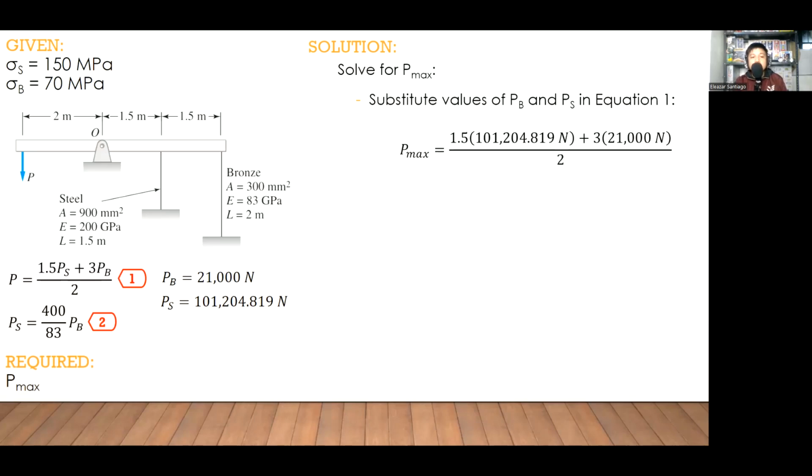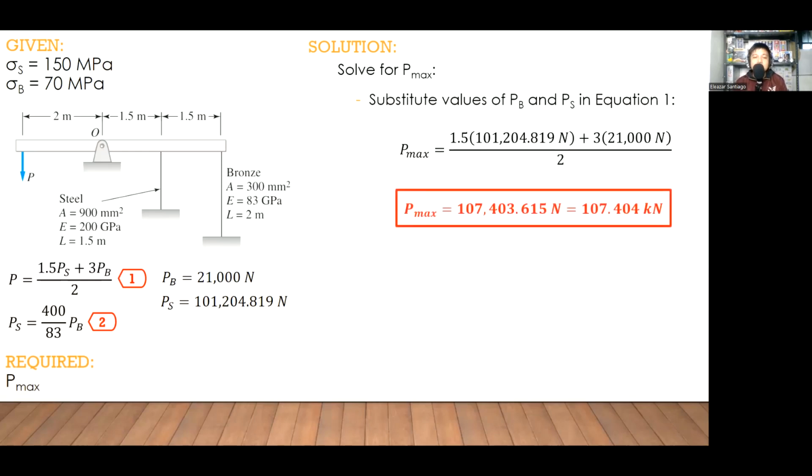This is divided by 2. Therefore, for our final answer, the P maximum is either 107,403.615 newtons, or dividing this by 1,000, 107.404 kilonewtons.